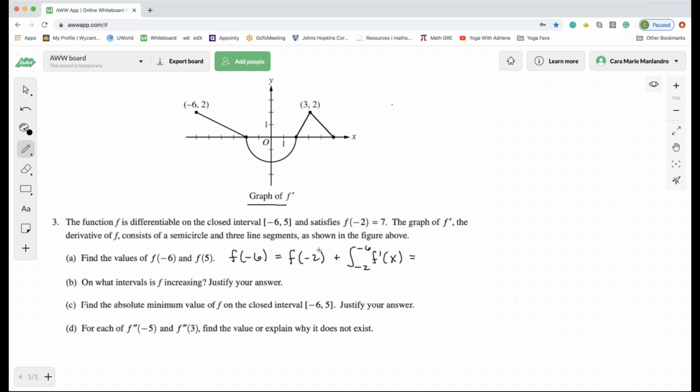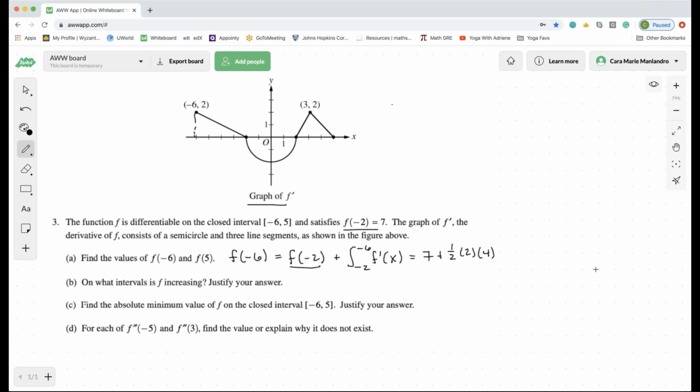So we're using the initial value to help us out. This is 7, and then I can find this area just using geometry. So 1/2, if I look at this triangle here, the height looks like it's 2 and the base is 4, so 7 plus 4.